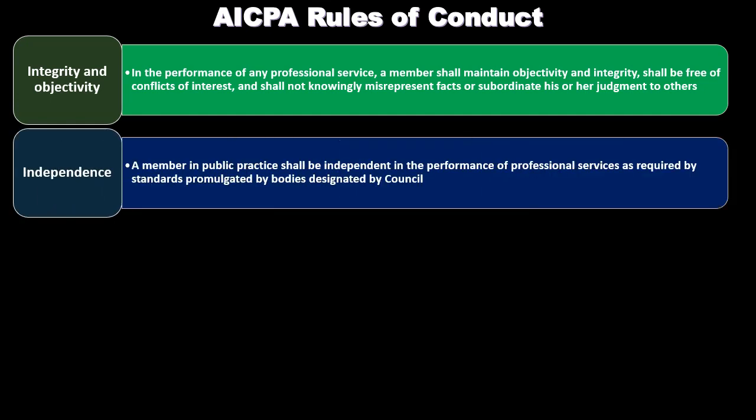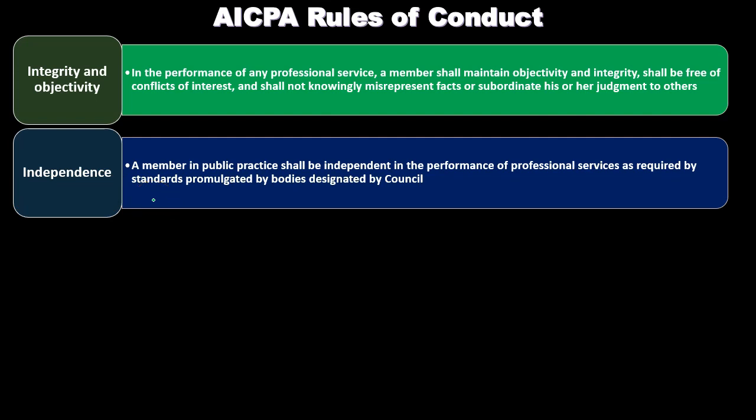Independence. A member in public practice shall be independent in the performance of professional services as required by standards promulgated by bodies designated by council. So then those, of course, are going to be more specific. Notice now we're not just saying, hey, you need to be independent in fact and appearance, but you have to be independent in accordance with the bodies designated by council, required by standards promulgated.